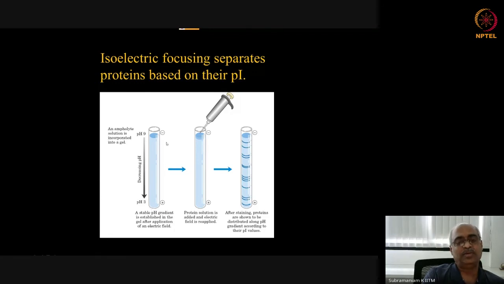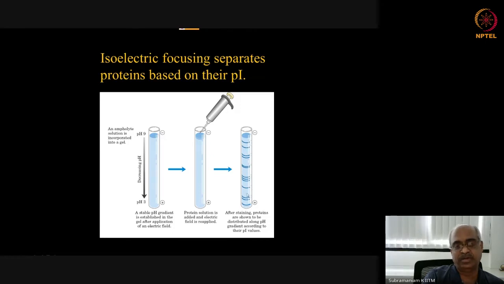Now when you apply proteins, they migrate. They can migrate in both directions, because it depends on the net charge on the protein. You have not saturated it with a molecule like SDS, so only the native charge is there. So they migrate on this gel and stop migrating when they reach a pH that equals their pI.